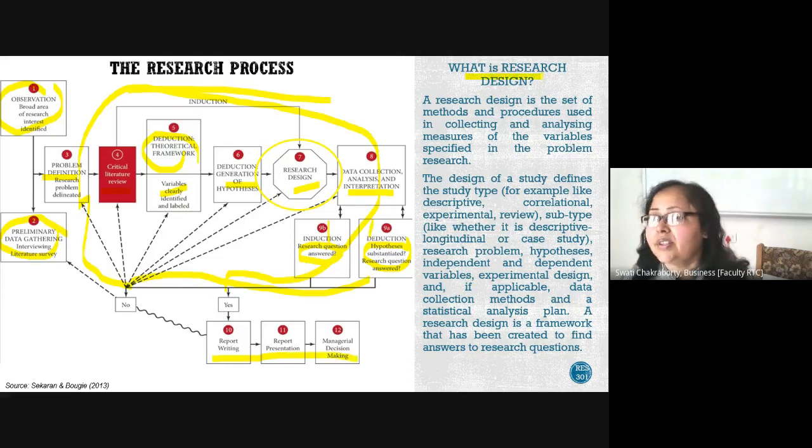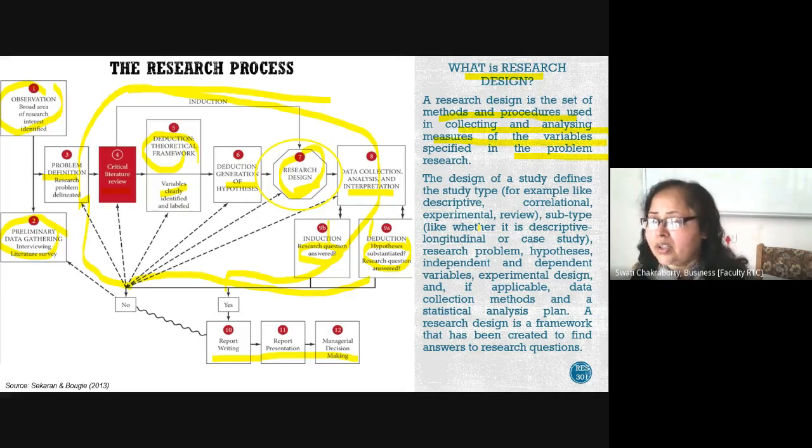So, what is research design? This is what we are talking about in this unit. It's a set of methods and procedures used in collecting and analyzing measures of the variables used for your problem. The design defines the study type, where we talk of descriptive, correlation, experiments, longitudinal, case studies.